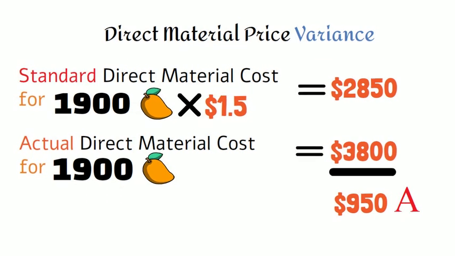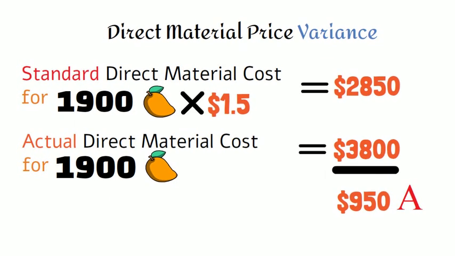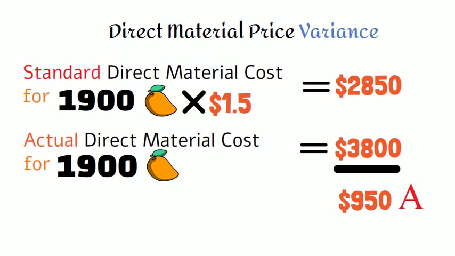And as we know, it is denoted by A. It stands for adverse. Guys, you would have noticed a point here. We have used the actual materials, the mangoes, to calculate the total standard cost and the actual cost. We have never used the production volume because we simply consider the standard and the actual cost for actual material usage, that is the actual mango usage.